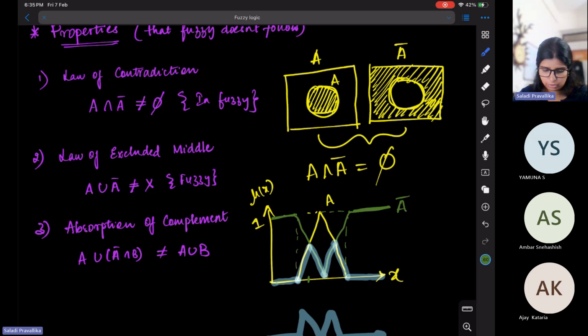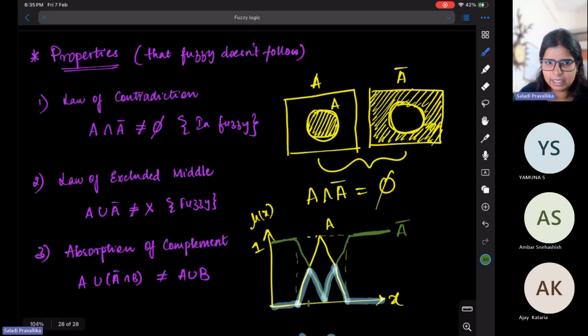Similarly, you can also try for the law of excluded middle. When you take A union A dash, I mean the complement of A, it is not going to give the whole universe of discourse. So let us see in a classical set.